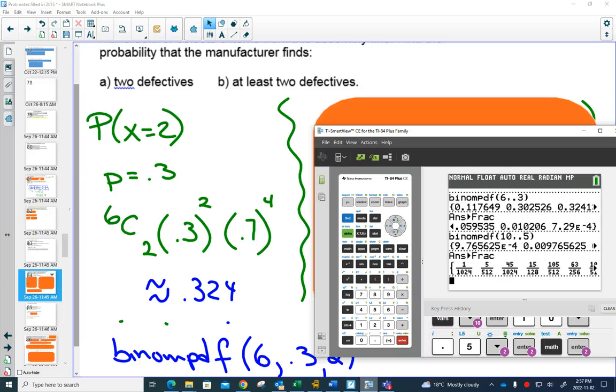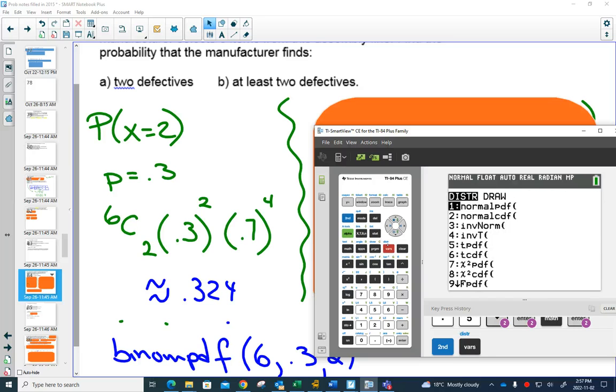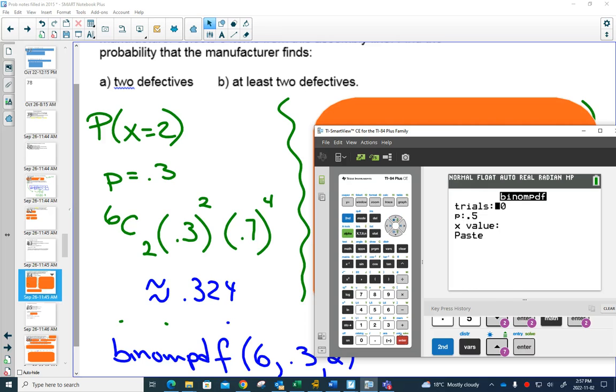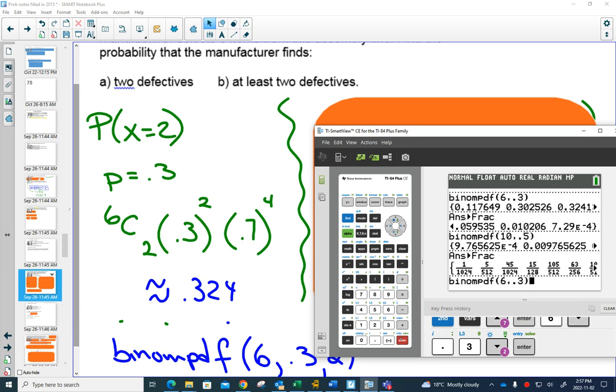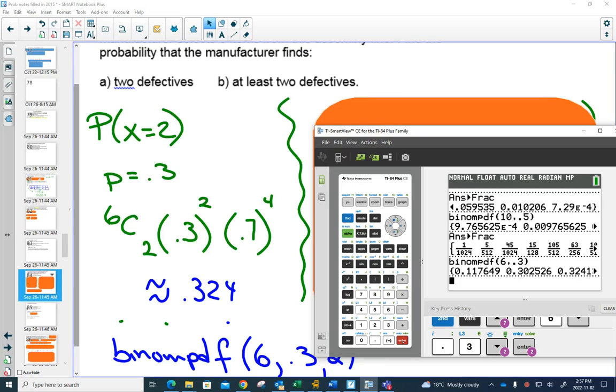I already know that it doesn't change to a fraction. 6 trials, 0.3 of success. Push enter. Push enter.